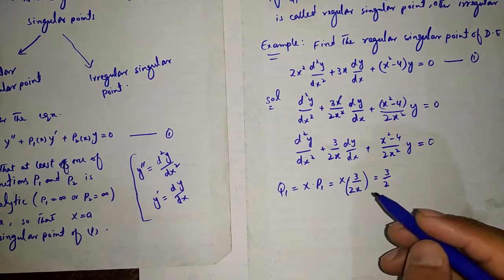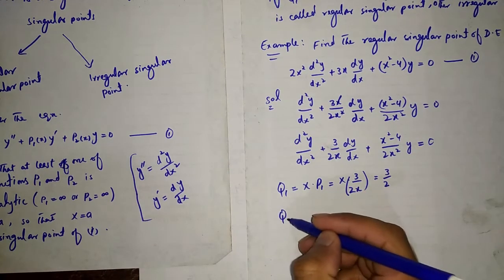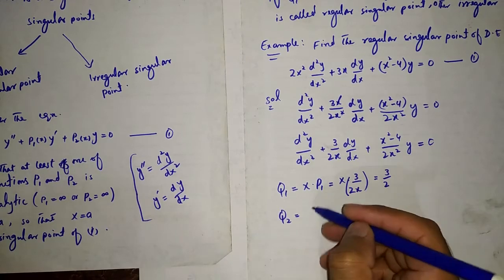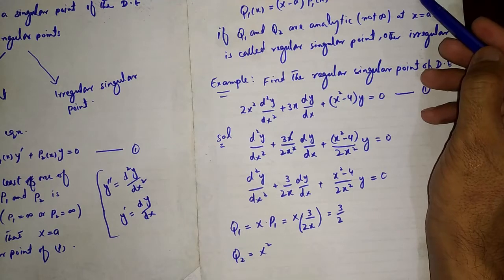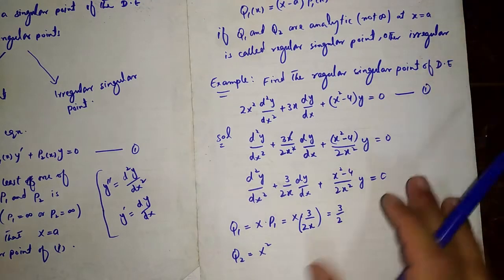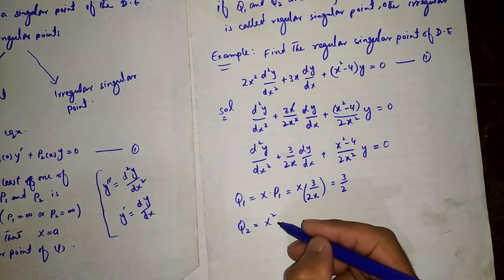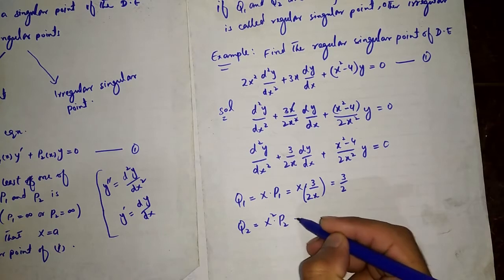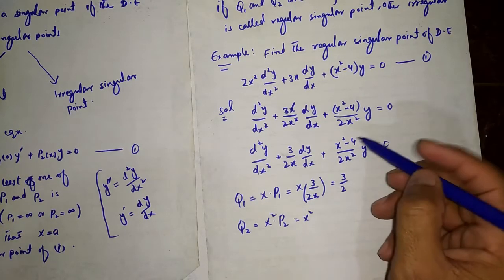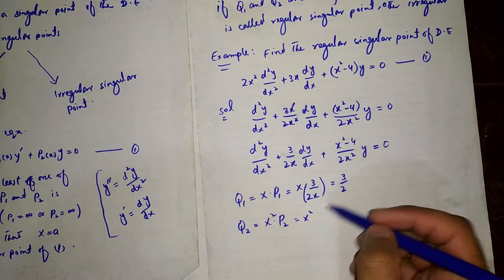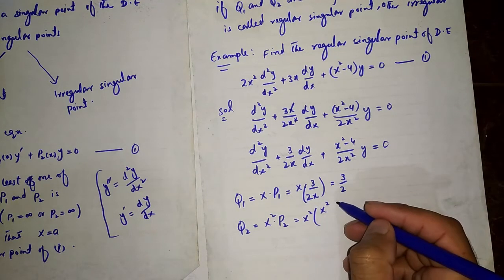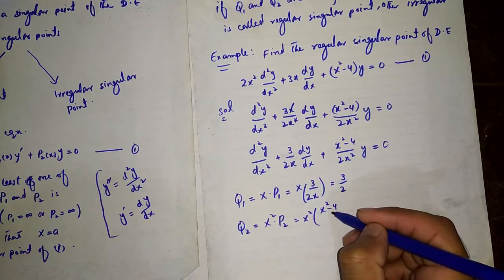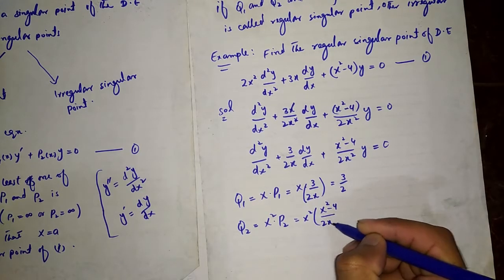This is q1. And for q2 we can write it as x square. Here q2 is x minus a whole square into p2. So this will be x square into p2, and for p2 here we have x square minus 4 divided by 2x.